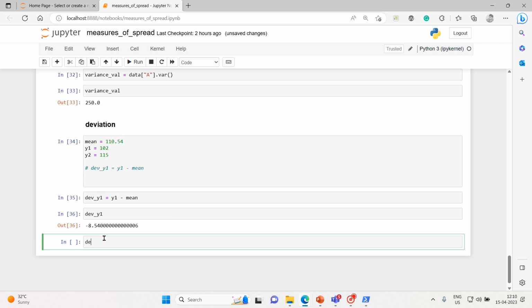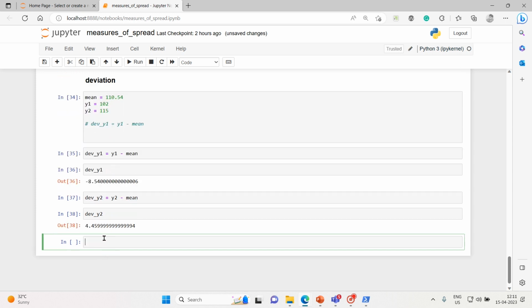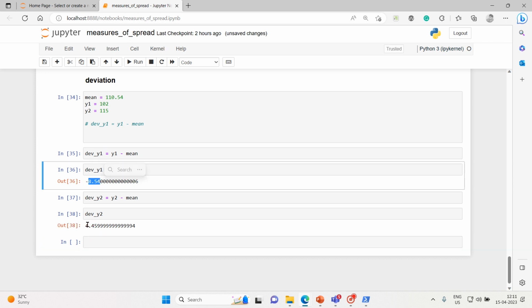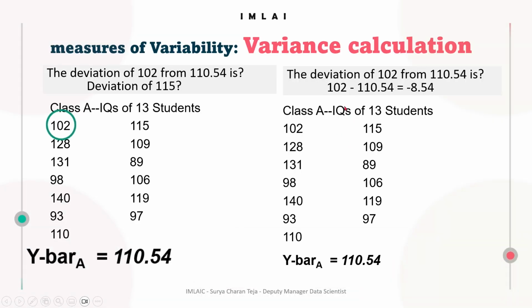Similarly, we'll do it for deviation underscore y2, which is y2 minus mean, and deviation underscore y2 is 4.54. So for y1 it is negative, for y2 it is positive 4.54. So minus 8.54 for y1, and for 115, that is y2, it is 4.54. Okay, so this is how we calculate the deviation.